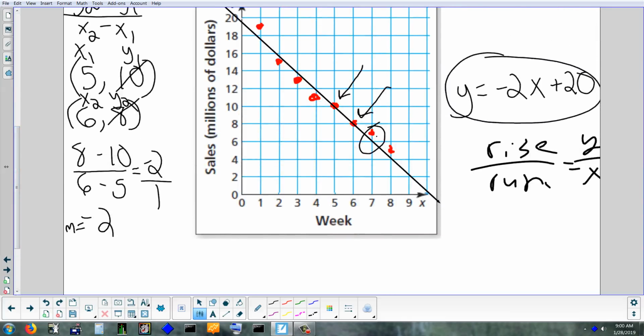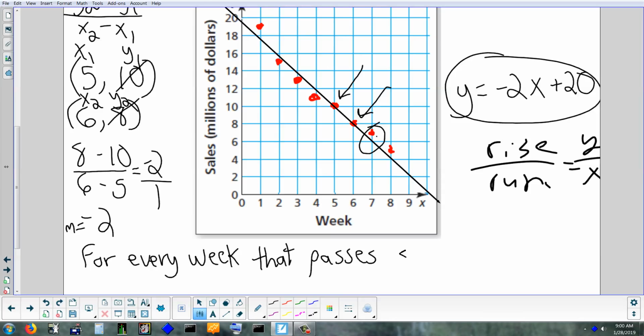So for every week that goes by, the sales in millions are going down 2. So for every week that passes, the sales drop $2 million on average. Does that make sense? That's what it means when it says interpret the slope.